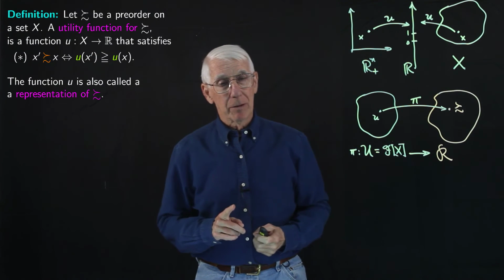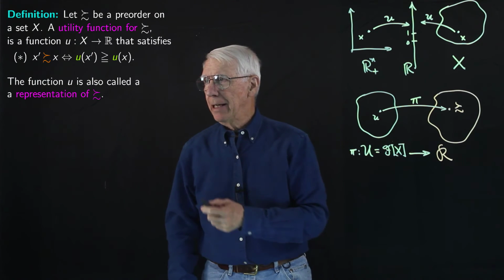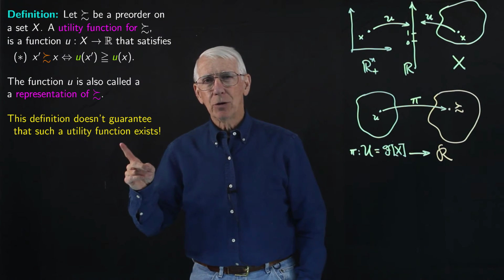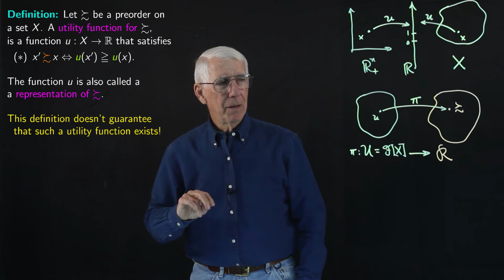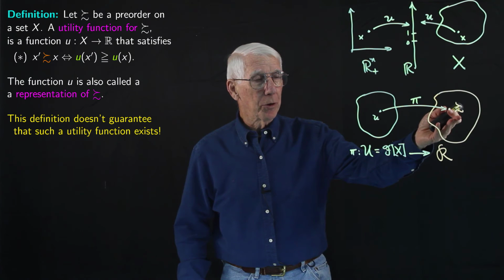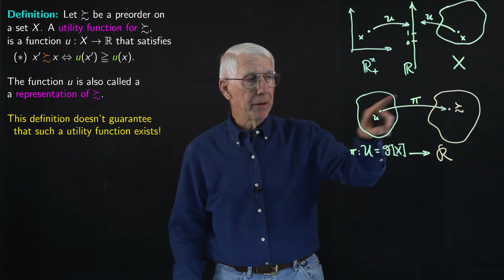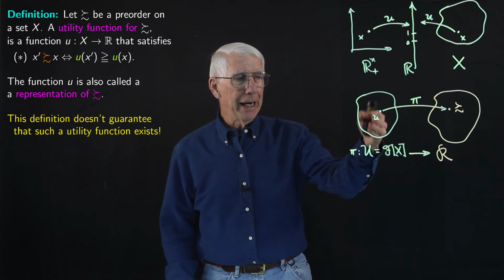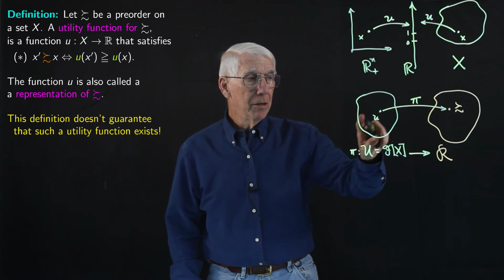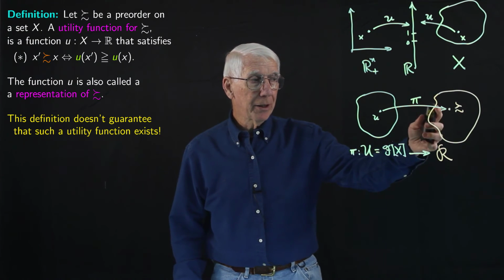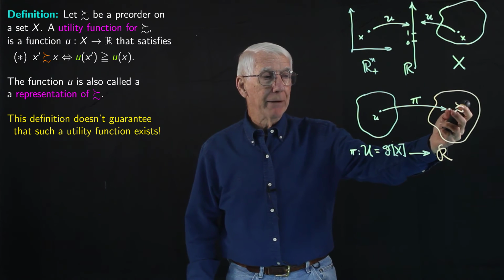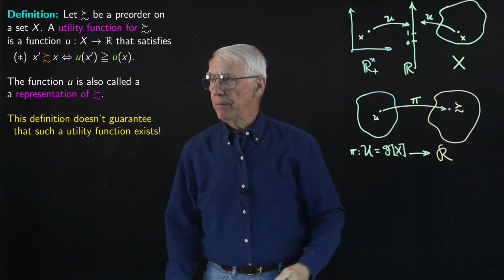But there's a little bit of a problem there, and that is that this definition doesn't actually guarantee that there's going to be a utility function for a given pre-order, unlike the situation when we went the other direction, where for any utility function, we knew that there would be a unique pre-order associated with it. Here, we don't know that for any given pre-order, there's going to be a utility function.